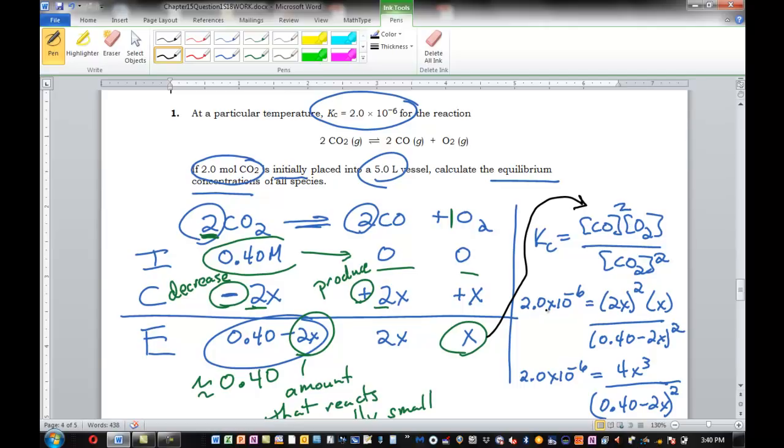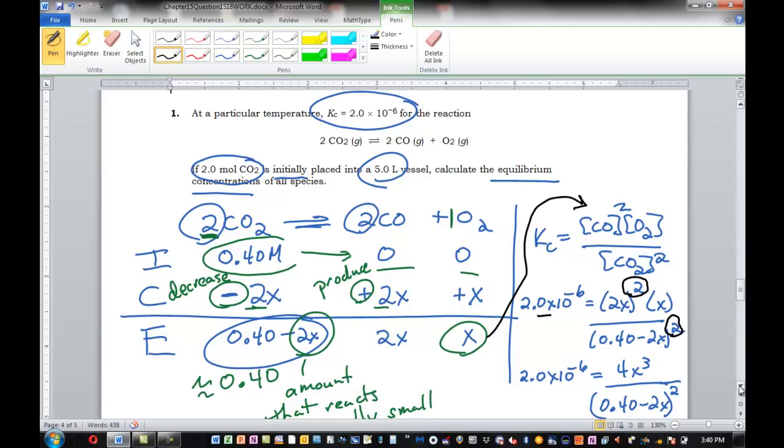We then plug in our equilibrium constant. We plug in our amount of CO in terms of X. Note that 2 there. We see that coefficient of 2 in the exponent, and we also see it in the 2X term. So be careful there. You're going to see it in 2 places. The amount of O2 is just X. The amount of CO2 is 0.4 minus 2X. Again, we see that coefficient again.